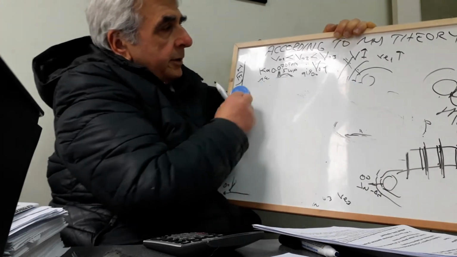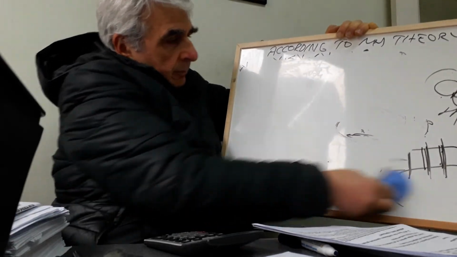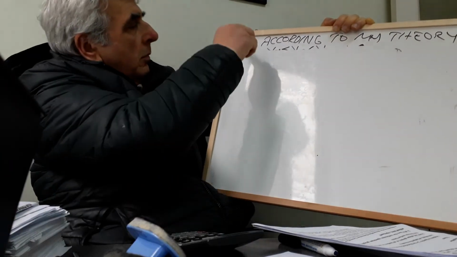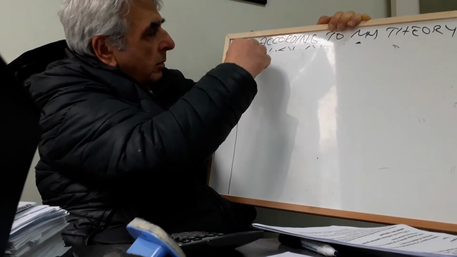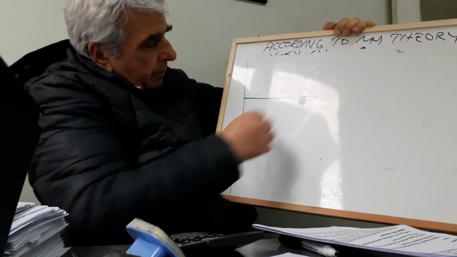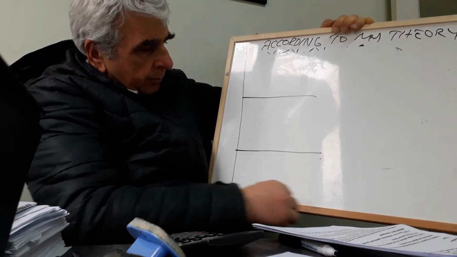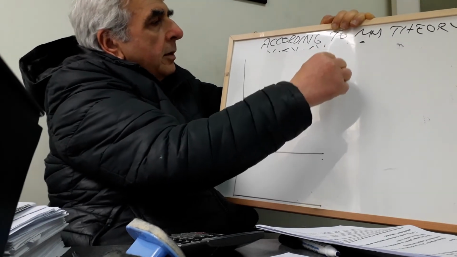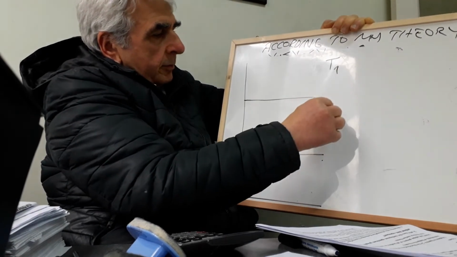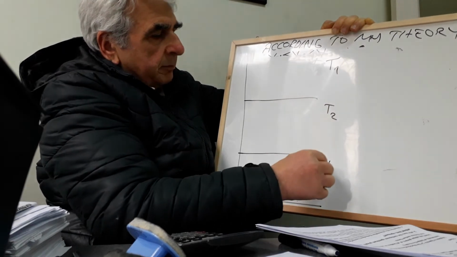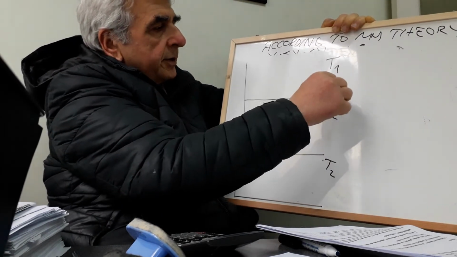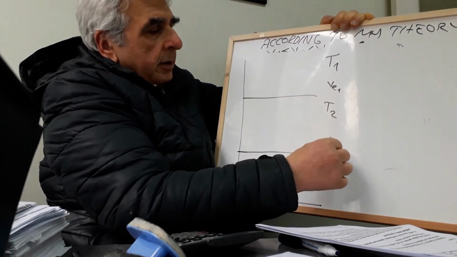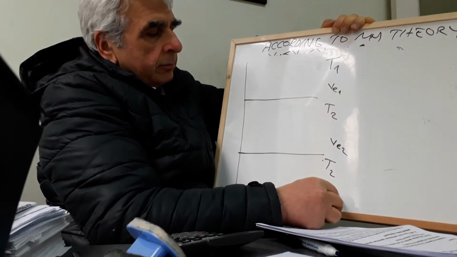Now we look at one, two, three. Temperature 1, temperature 2, temperature 3. Velocity of electron relocating, velocity 1, 2, 3.